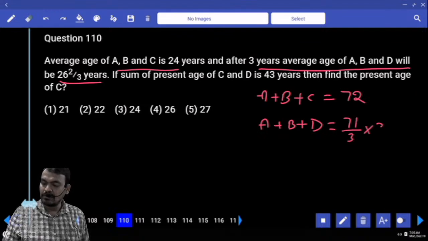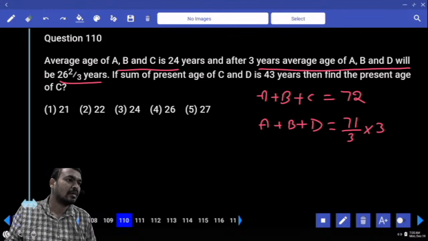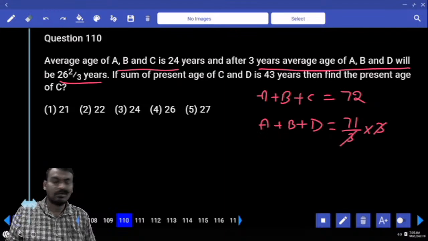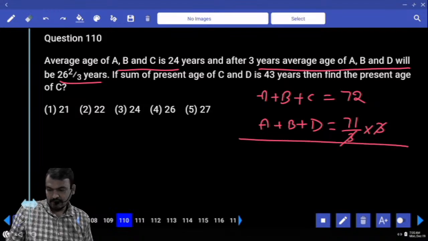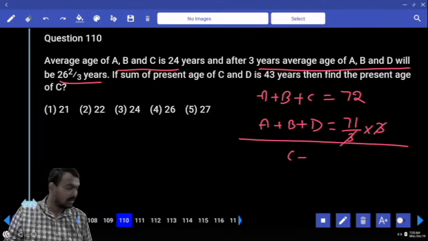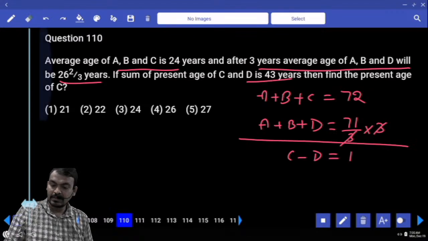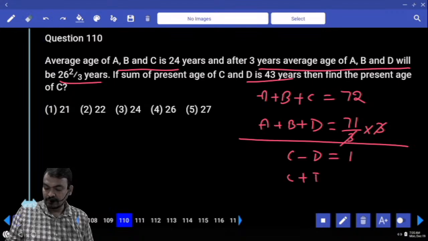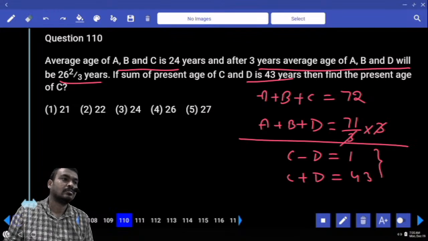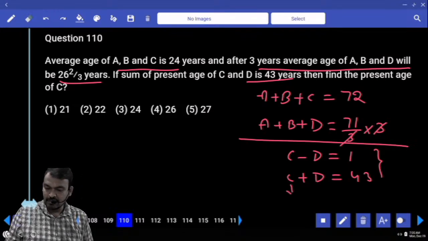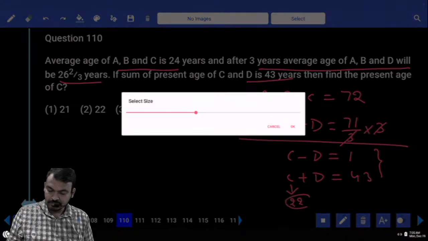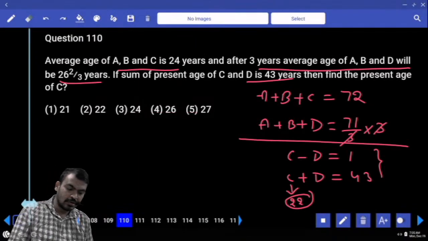What is the difference between the first and the second? C minus D equals 1. And already C plus D is given as 43. Adding both, 44. Divide by 2, 22. So C is 22.